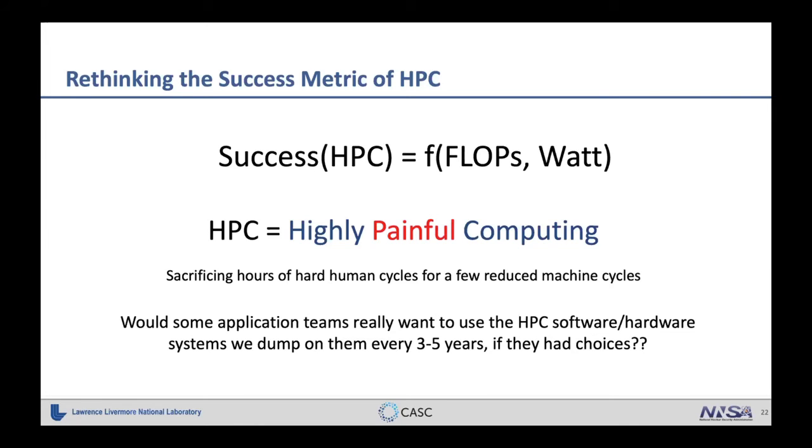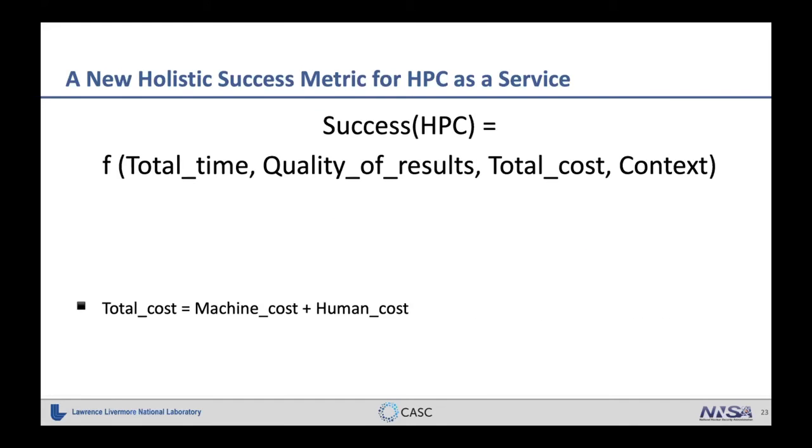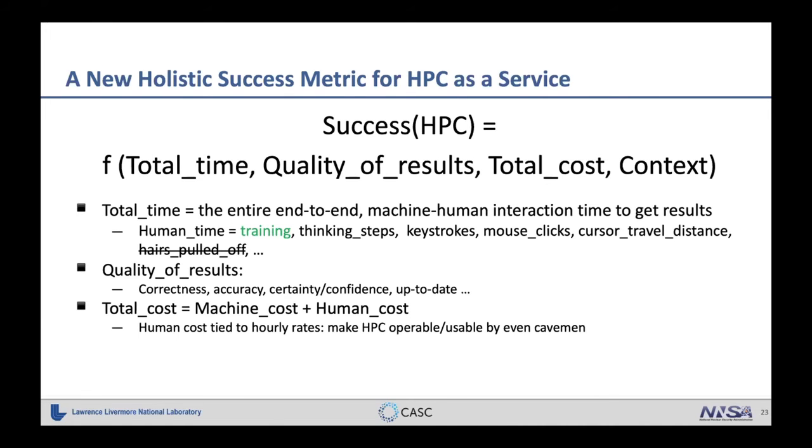Because we change our platform every few years, and some applications may actually run well, but still they are forced to port. So as a community, we should think more about those human factors. We should define a more holistic success metric for HPC.